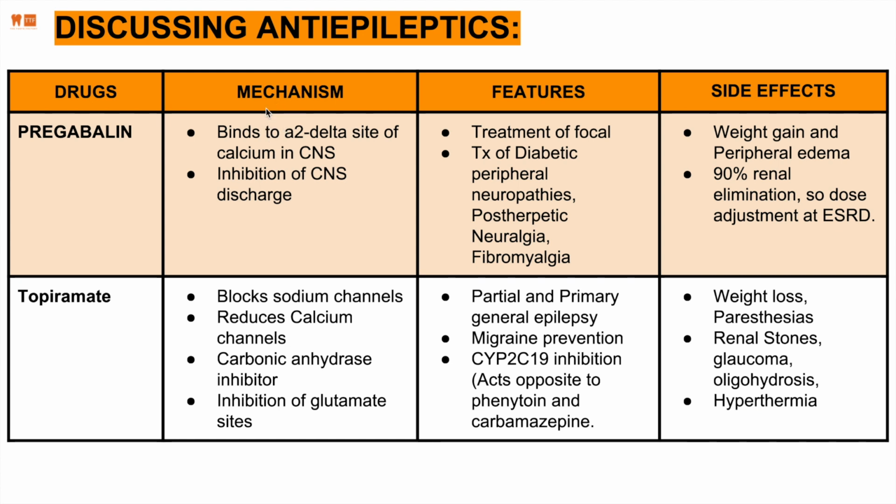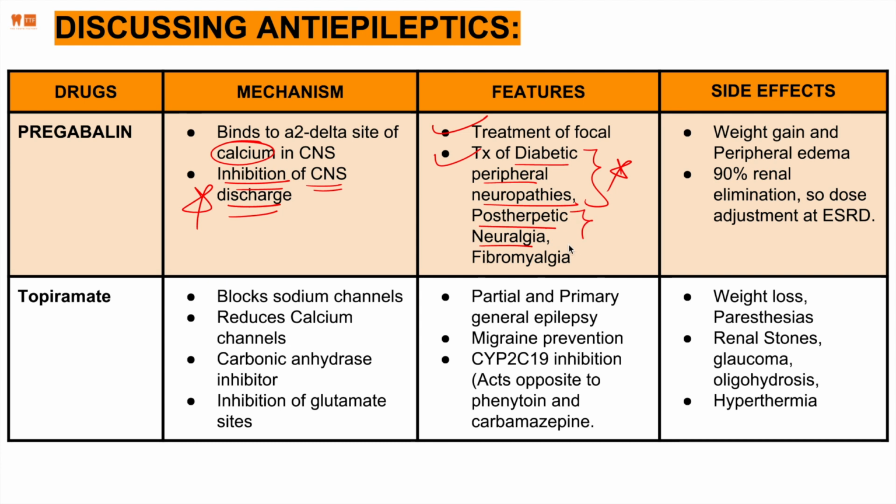Moving on to pregabalin, it binds to the alpha-2 delta site of calcium channels in the CNS. So all we need to know, calcium channels. Inhibition of the CNS discharge itself overall. It treats focal seizures, diabetic peripheral neuropathies, very important.